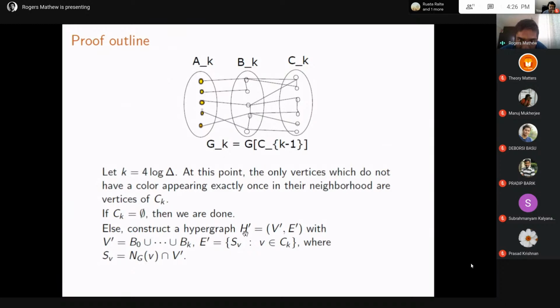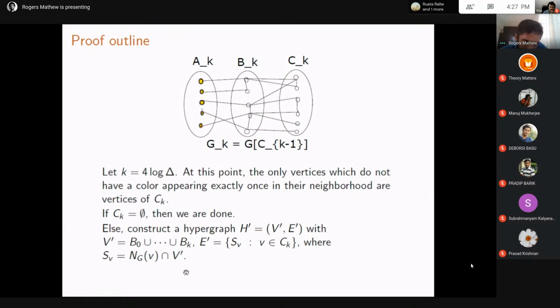They form the first hyperedge of this hypergraph, S_V. Similarly, I take the next vertex, let's say W in Ck; its neighbors in Bk, Bk minus 1, up to B0 form the second hyperedge of this hypergraph.